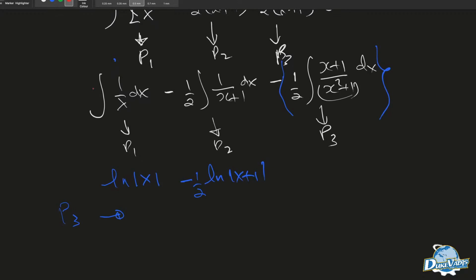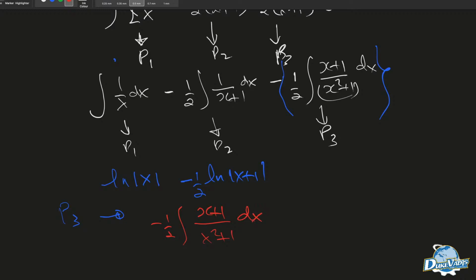So that will be minus half out, integral of x plus 1 all over x squared plus 1 dx.